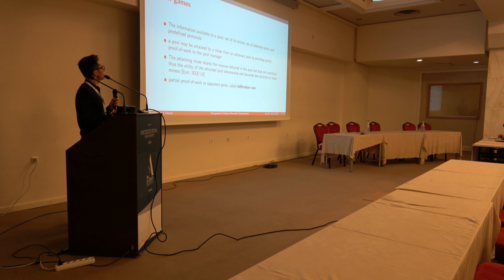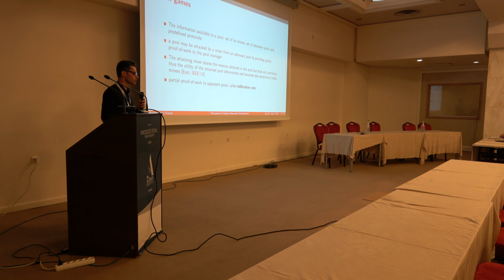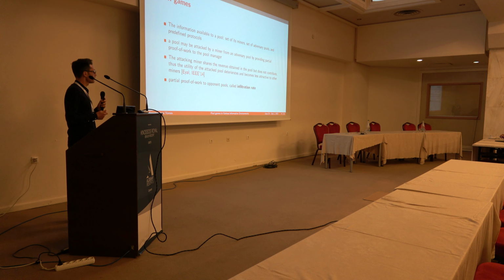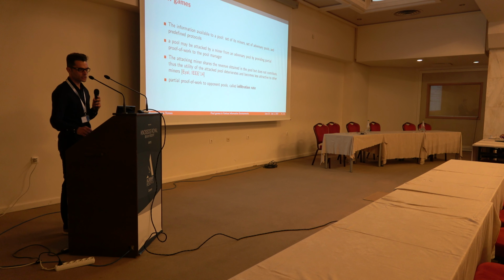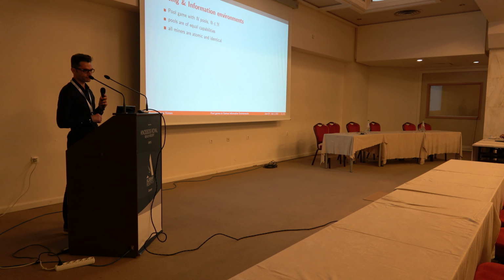A pool may be attacked by a miner from an adversary pool by providing partial proof of work to the pool manager. The attacking miner then shares the reward provided by the loyal members of the pool, but does not contribute anything. Thus, the utility of the attacked pool deteriorates and becomes less attractive to the other miners. The partial proof of work to opponent pools is called the infiltration rate.